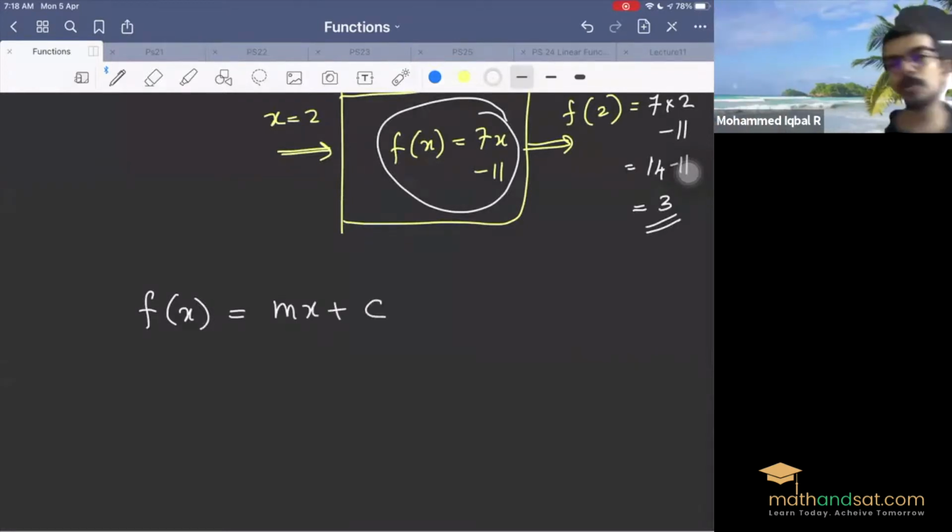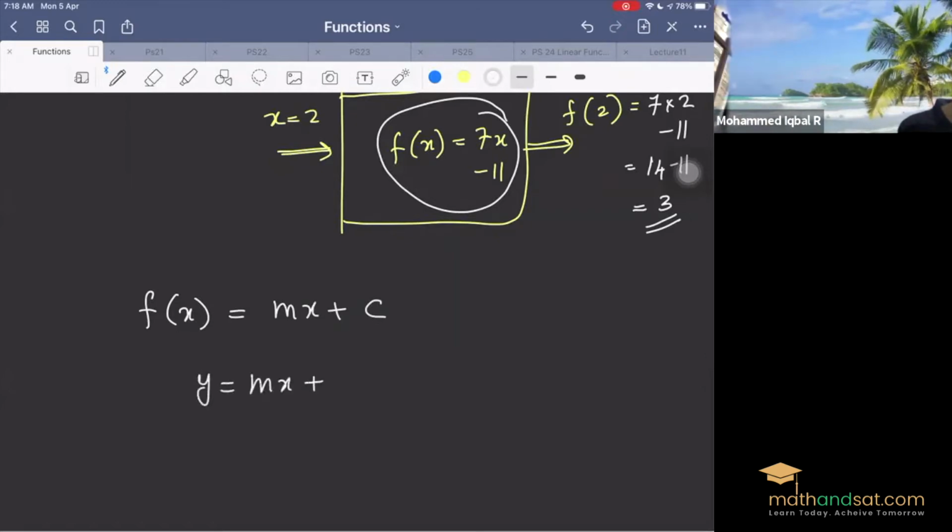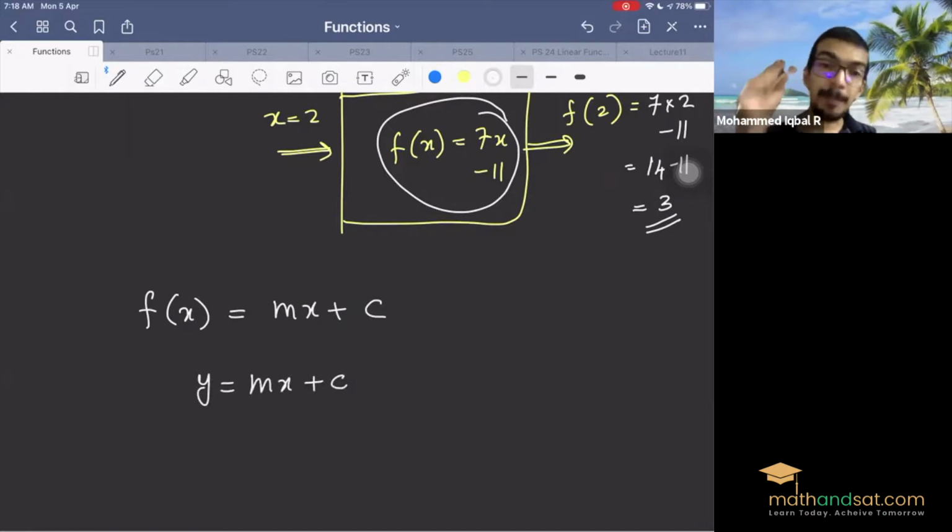Another way to write this relationship is y is equal to mx plus c. So your x is the input variable, y is the output variable. m and c are two constants. Depending on m and c, you keep getting different linear functions.